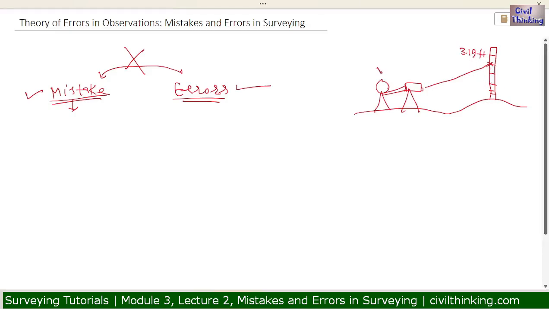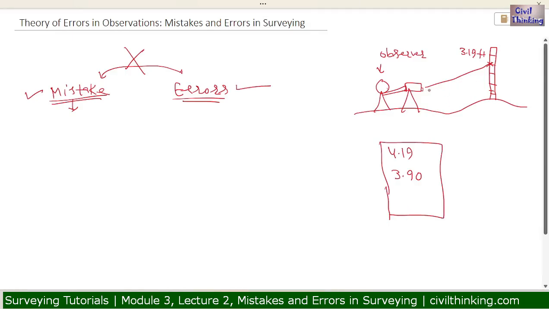The observer did take the correct observation, but in the field book, instead of writing 3.19, somehow he writes 4.19, or 3.90. Although he made the correct observation, in the field book he wrote the wrong thing. So these are mistakes.